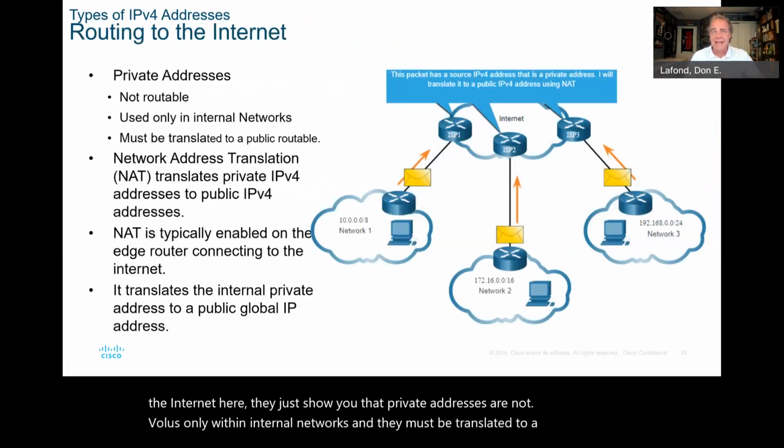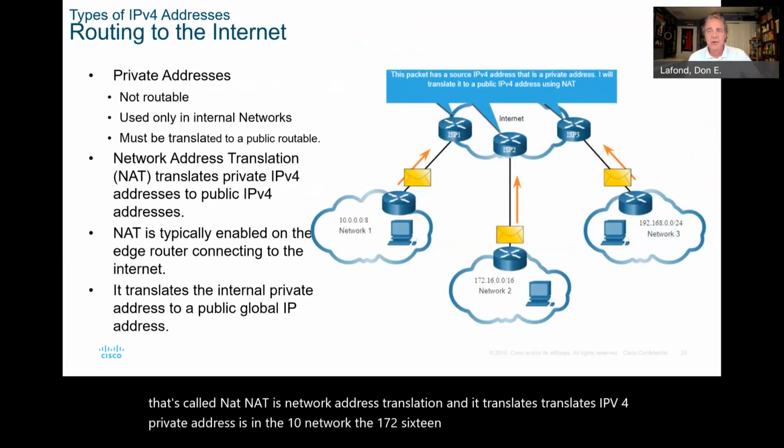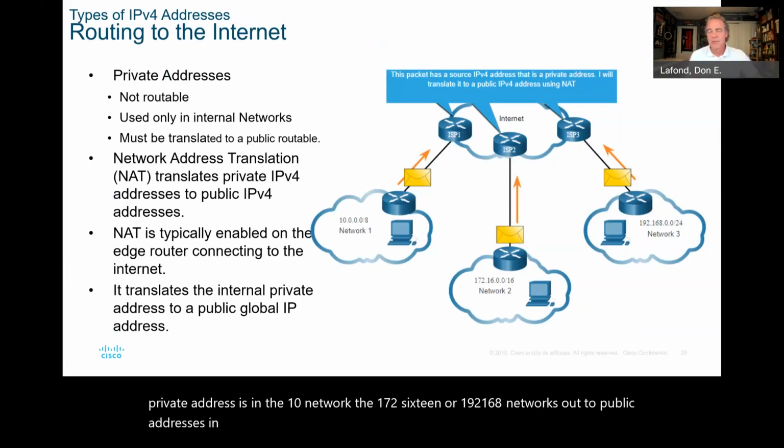That's called NAT. NAT is Network Address Translation, and it translates IPv4 private addresses in the 10 network, the 172.16 or 192.168 networks, out to public addresses in that 4.3 billion.